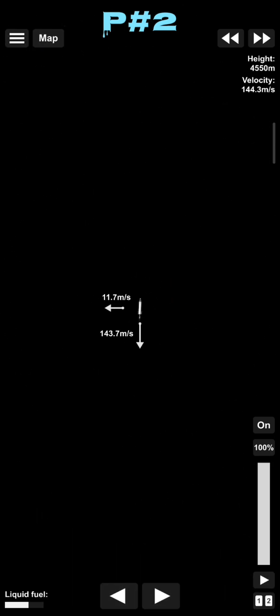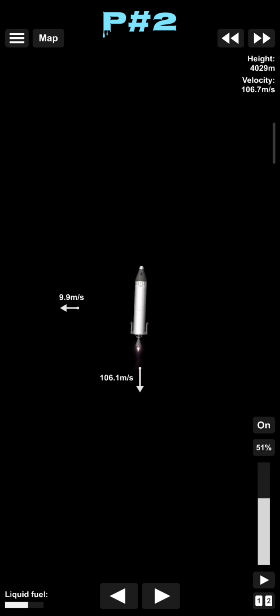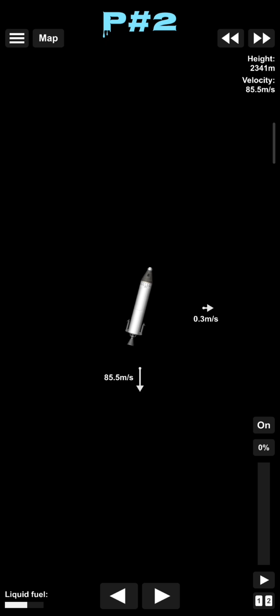Yes, we are in the atmosphere of the moon, and to decrease the sideward velocity, we will change the direction of the rocket, and then come to the previous position.